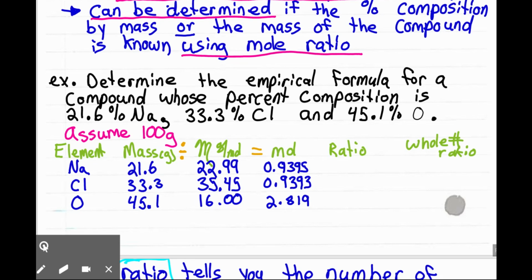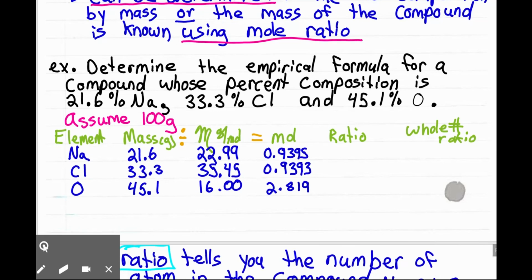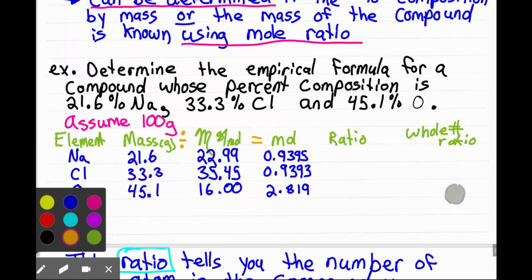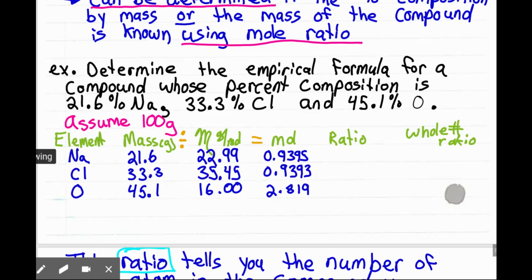Because our empirical formula is essentially a ratio of atoms, we want to figure out what that ratio is. So we're going to use this mole information and we are going to determine the ratio of the atoms, the 3 elements compared to each other.